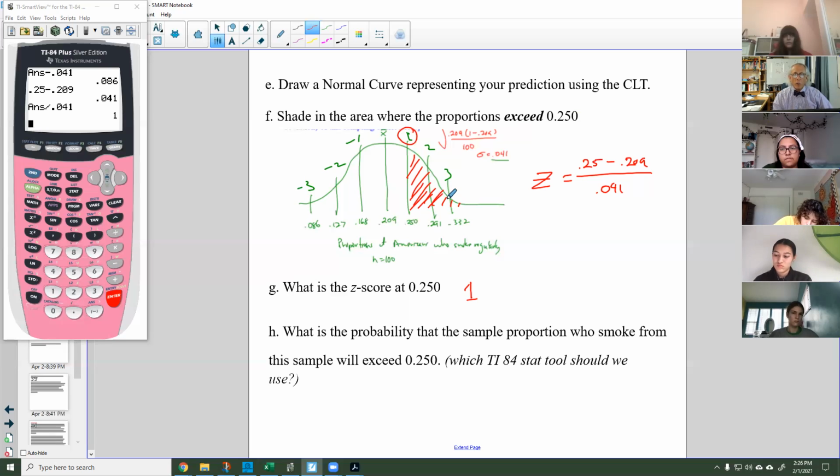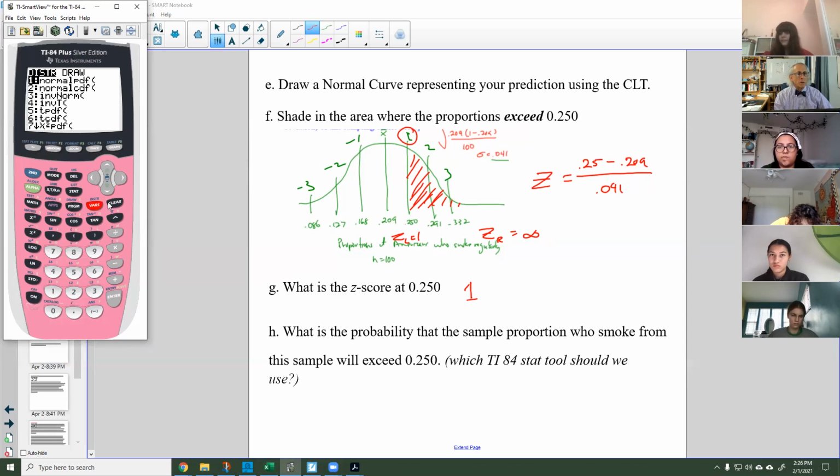Well, I know that this has a z-score. My left z is equal to 1. My right z is equal to infinity. So second distribution, normal CDF, 1, 99. 15.87.